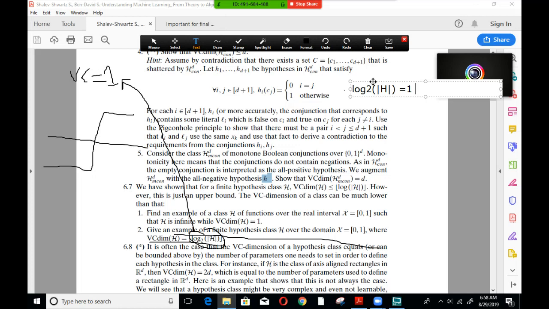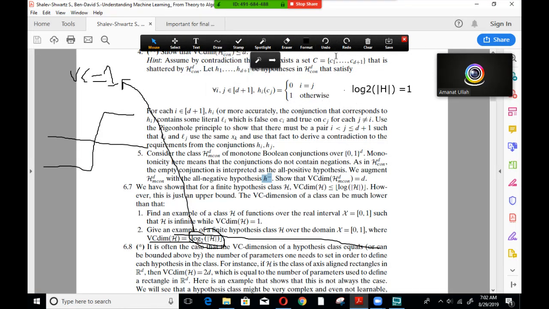So on the next line we can write 2 to the power 1 equals h.